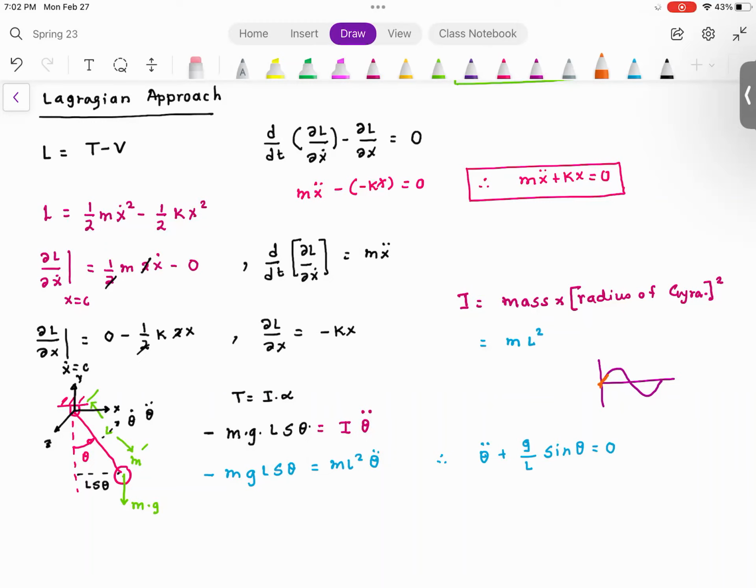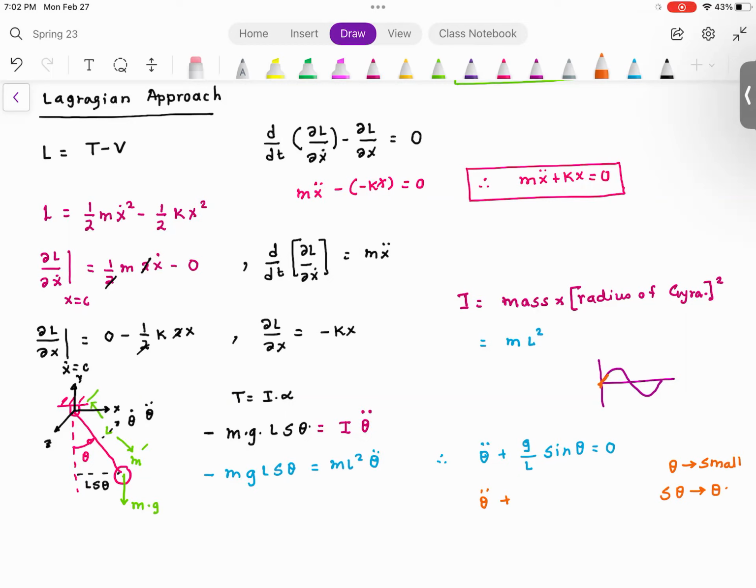So what we do is we say that for small values of theta, sine theta is equal to theta. Now I want to ask you, probably you have seen this approximation, sine theta is equal to theta for small values. What does it actually mean? This is what it means.